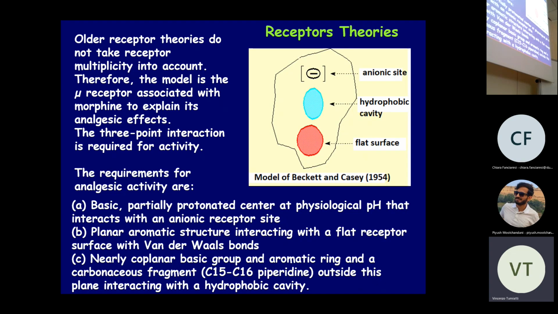So, some scientists try to develop a model of the opioid receptors. Why a model? Just to put together all the indications which derive from the different compounds that we have described.